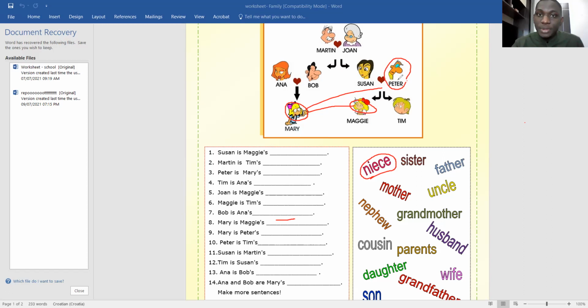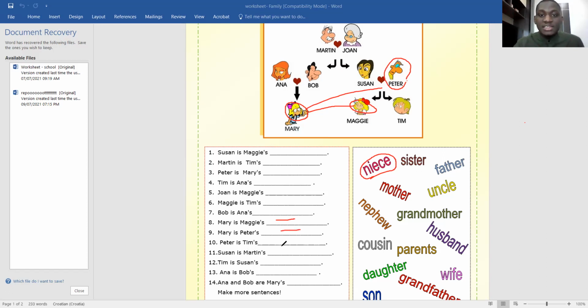Because Peter is married to Susan, right? Oh, sorry. Mary is Susan's niece, and Peter is Mary's uncle. So niece is the answer, right? So you have to write it by yourselves here.